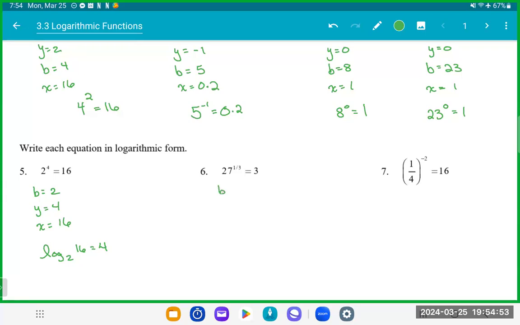Next, b equals 27, y equals 1/3, x equals 3. So this is log base 27 of 3 is equal to 1/3. I wrote 1/4 here; it's 1/3, sorry.